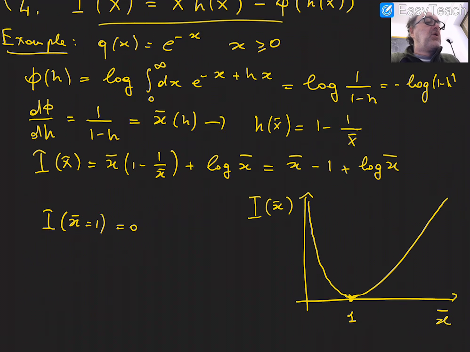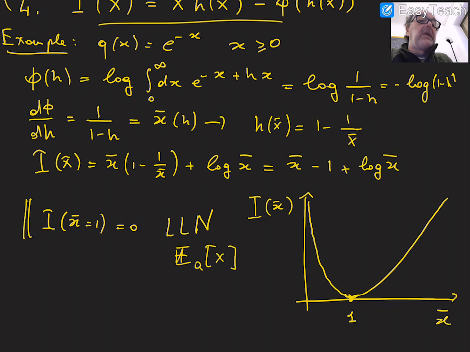Okay? So the fact that this Cramér function vanishes at x equal to 1 is consistent with the law of large numbers, because the expected value over q of x in this case is equal to 1.